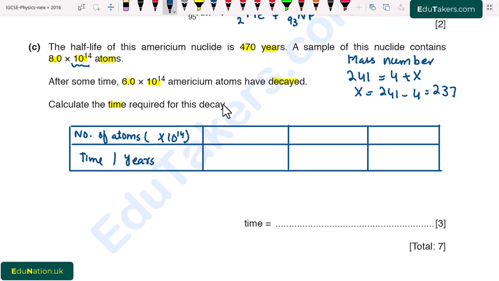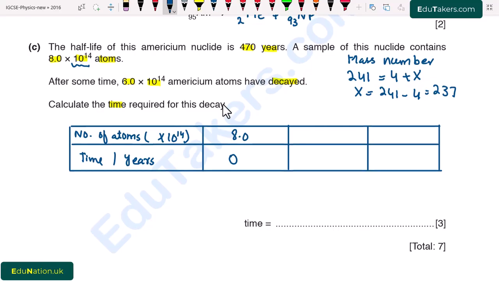So first of all, half-life of americium nucleus is given, which is 470 years. And initially the sample of the nuclide contains 8.0 into 10 to the power 14 atoms. It means that when time is 0 years, number of atoms are 8.0.